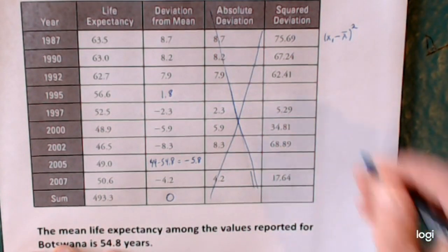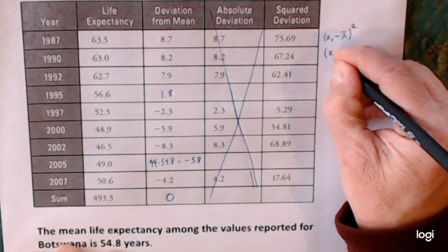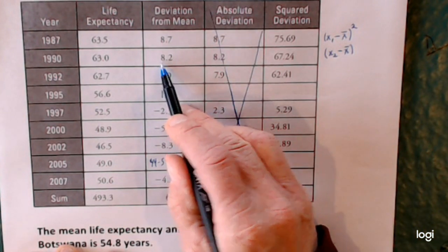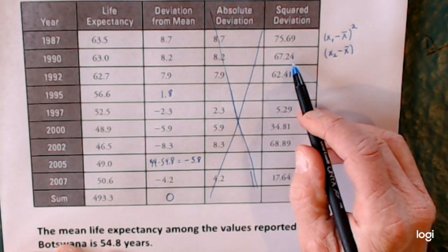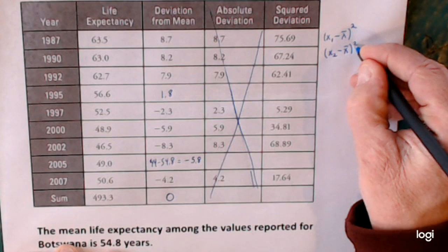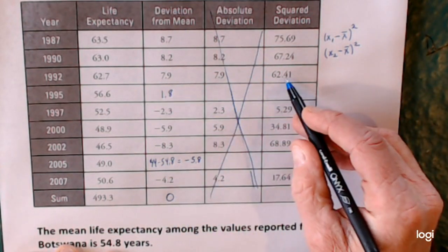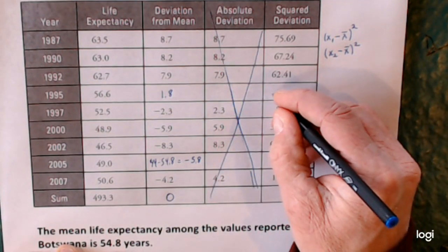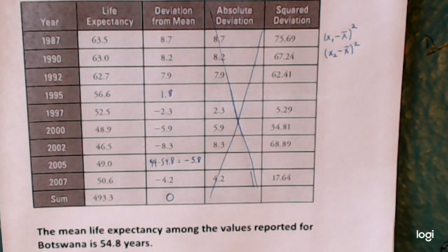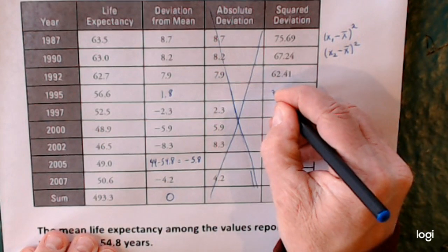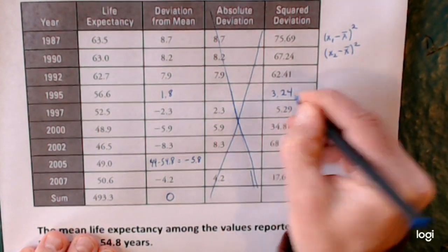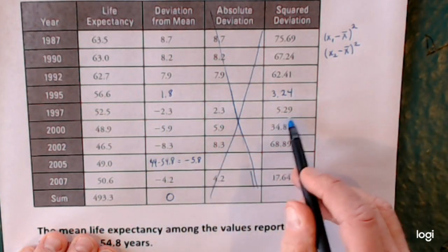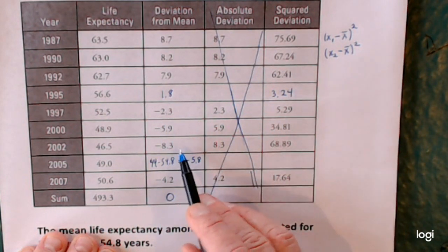Then we do the same thing with the second observation. The deviation from the mean is 8.2, but when I square it, I get 67.24. And 7.9 squared is 62.41. And then 1.8 squared is 3.24. And then these negative values, negative 2.3 squared is 5.29, and so on.